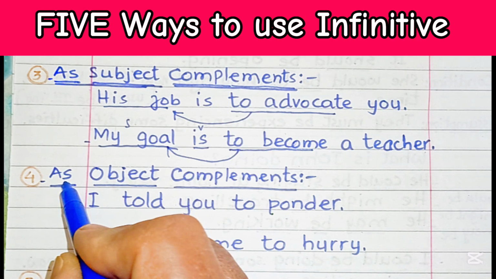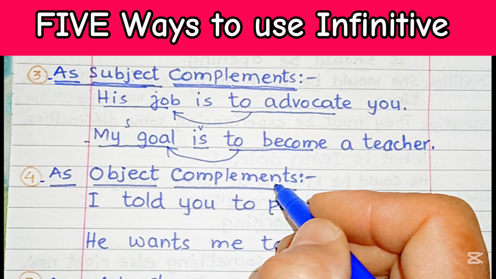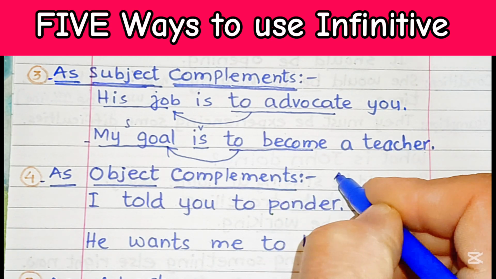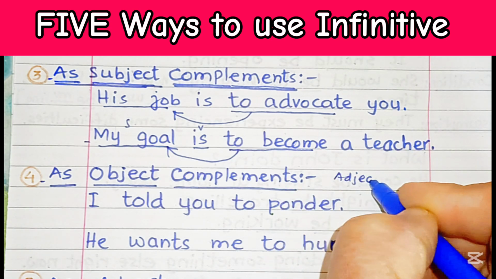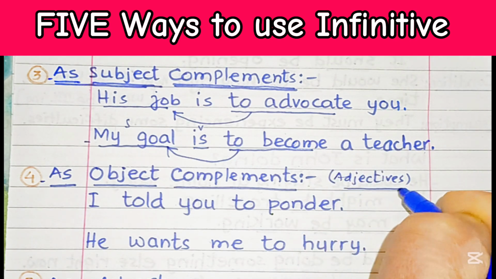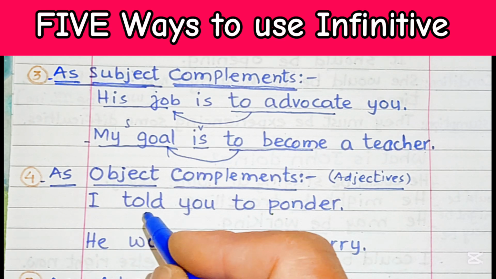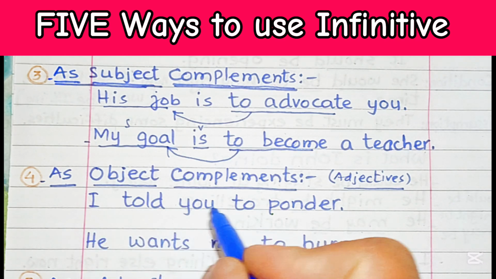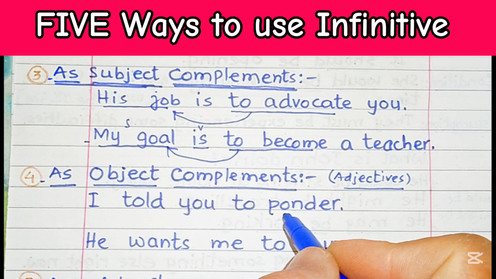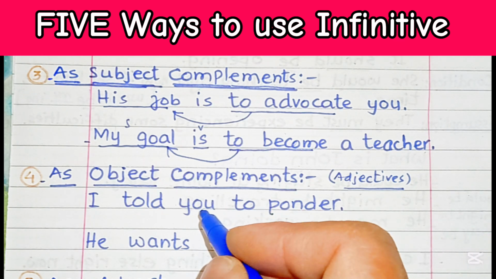Infinitives can be used as object complements, or we may call them adjectives as well. Basically, they are adjectives. Let's look at this example. I told you to ponder. So what did I tell you?